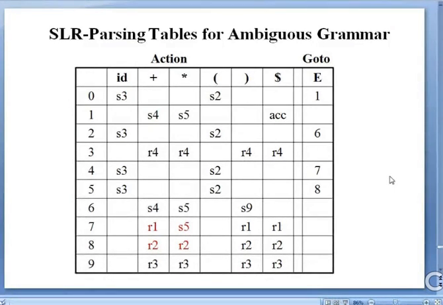What are the selected values? So 7 on plus means R1 is selected.